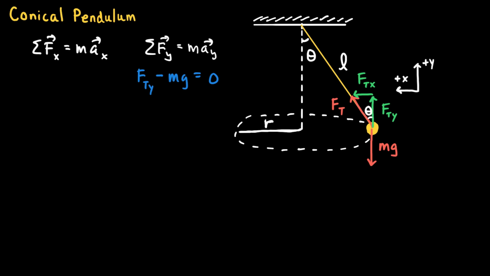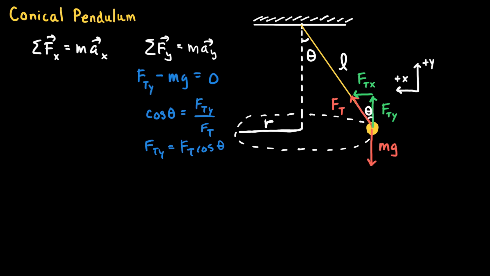For this conical pendulum, I happen to know that the cosine of theta is equal to, for that force vector triangle, the adjacent side over the hypotenuse. The adjacent side is Fty, and the hypotenuse is Ft. So I can write Fty is equal to Ft cosine theta.